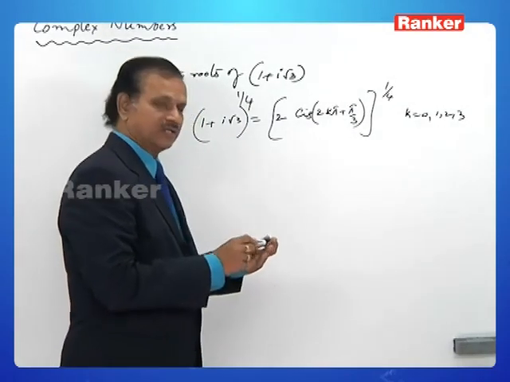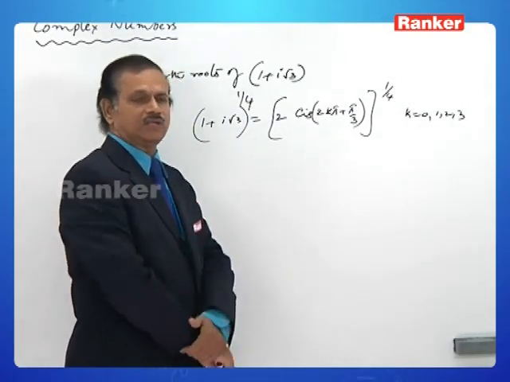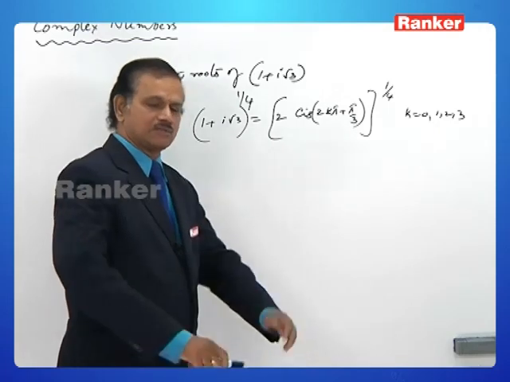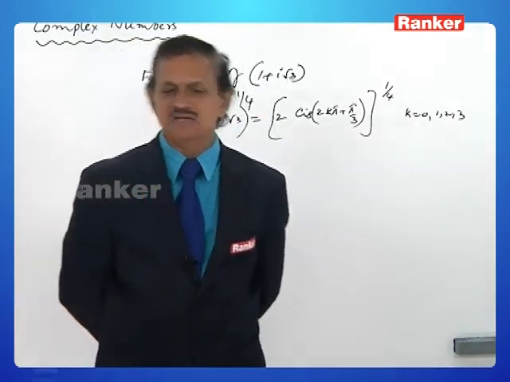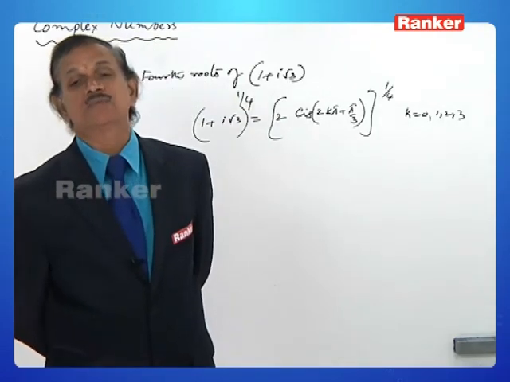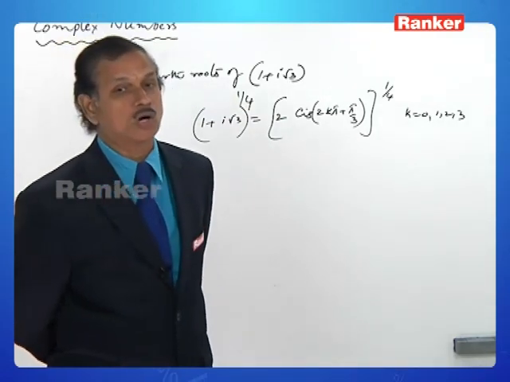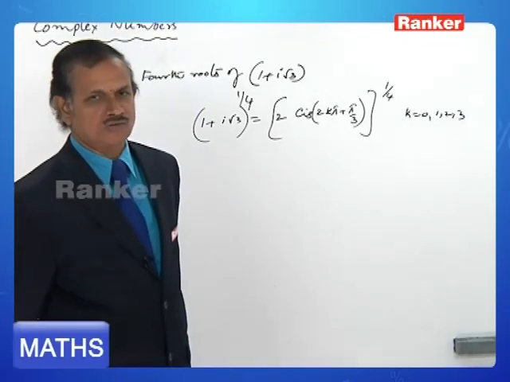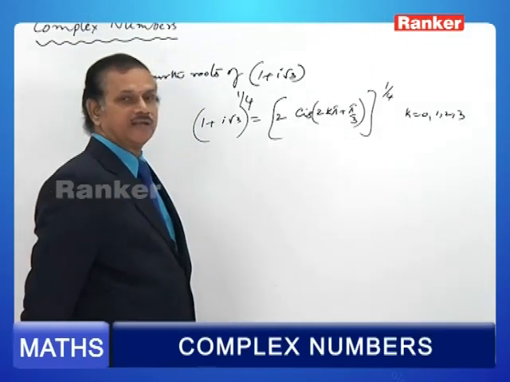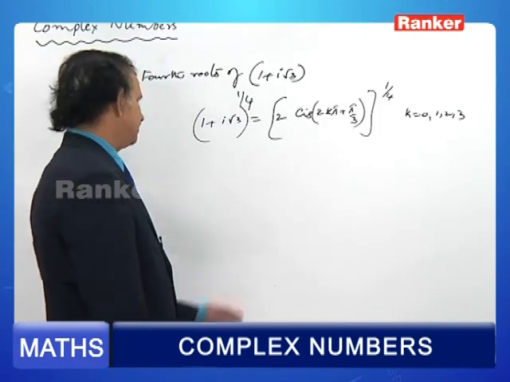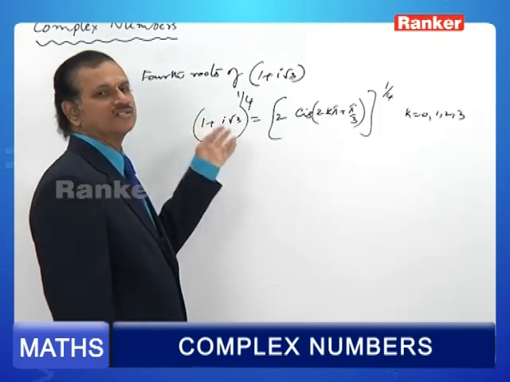Likewise, you can have sixth roots of the given complex number, seventh roots, eighth roots, as you like, provided you use the general amplitude but not the fundamental amplitude, because you will be able to write different values of k with respect to the number of roots you are supposed to have.